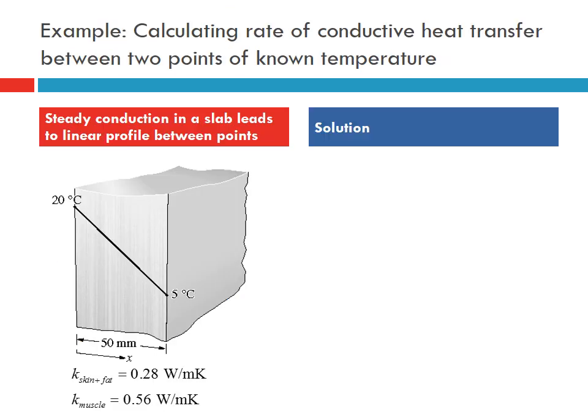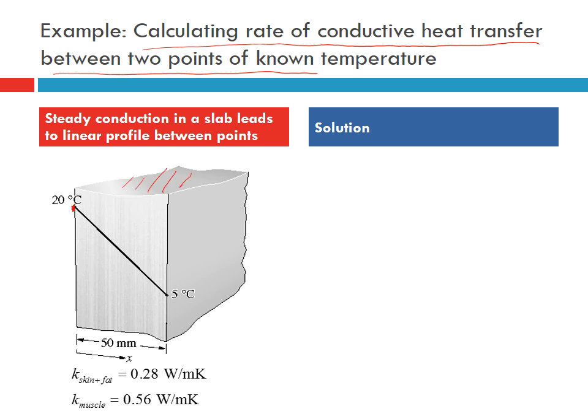We're going to do an extremely simple problem that just basically uses Fourier's law that we just wrote. We're just plugging in numbers, but we try to use the law in a very specific situation. So we want to calculate the rate of conductive heat transfer between two points. So think of a slab.